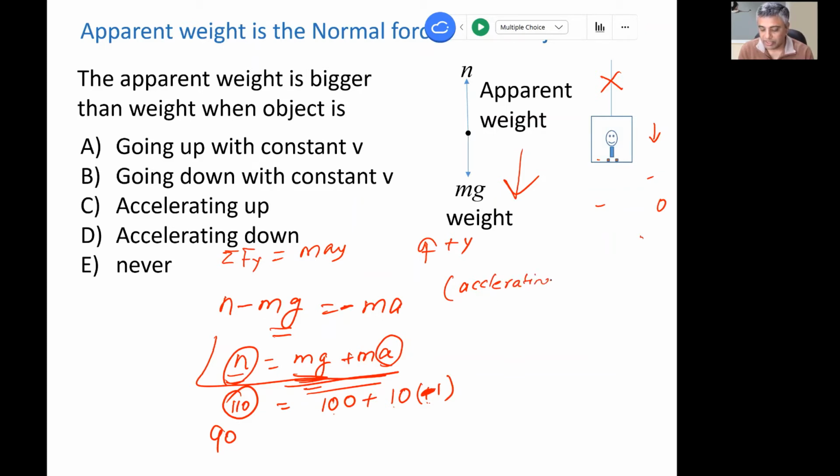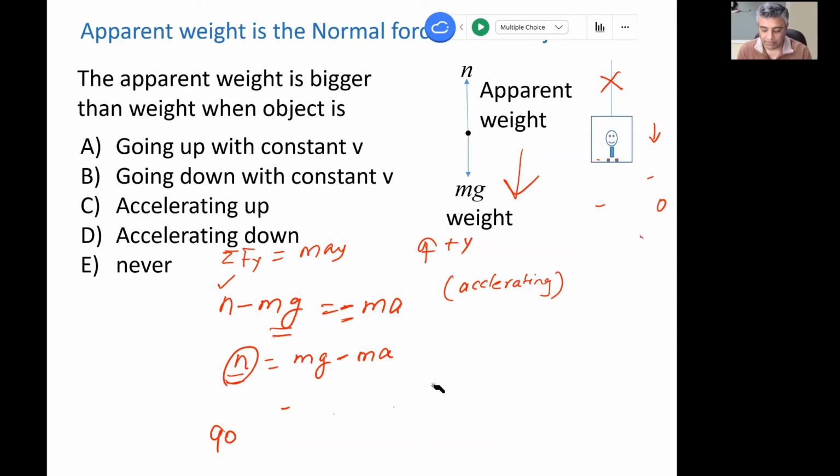And I'm assuming up as positive, so that's why normal force is positive in my equation, okay? So this would be negative. That means this equation would now be negative, just like we saw for the tension, right? Now, what happens when A is G?